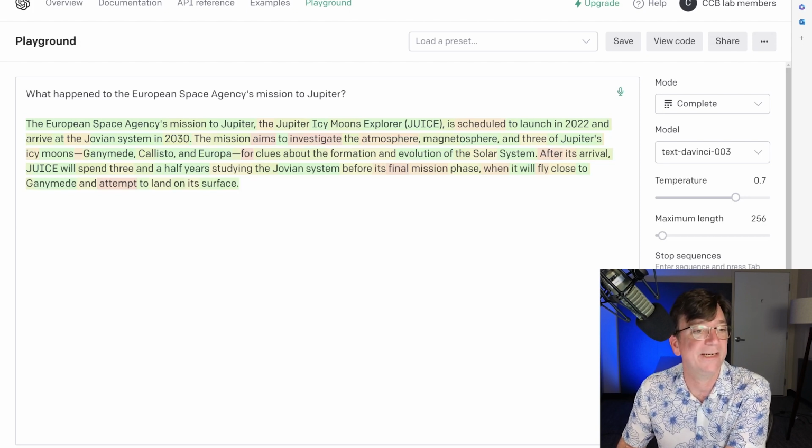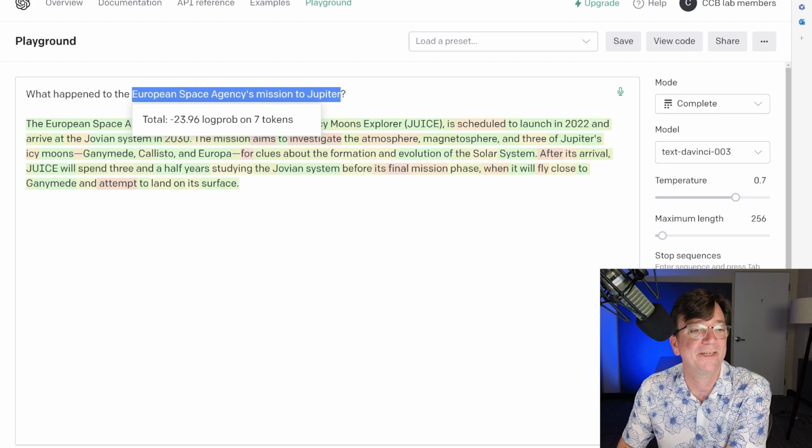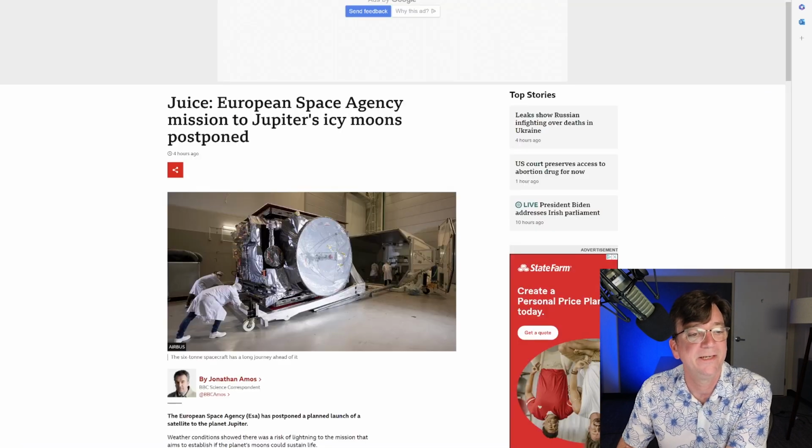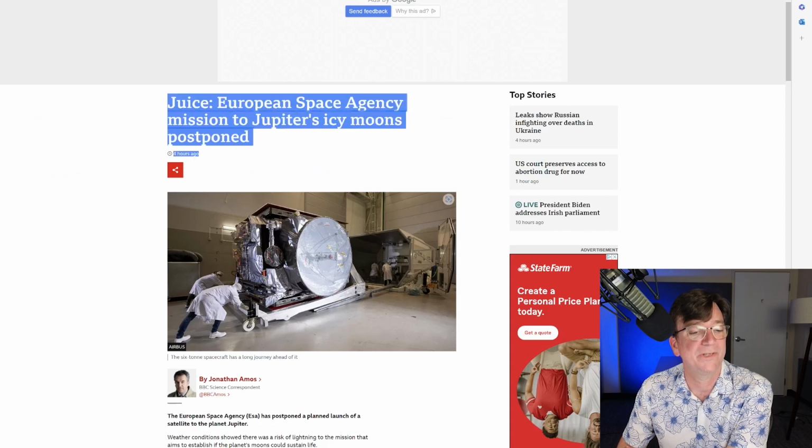So it was trained, it knows about the European Space Agency's mission to Jupiter. It knows really good facts about it. It's learned that and encoded them in the model parameters. But now this article says that JUICE has been postponed.